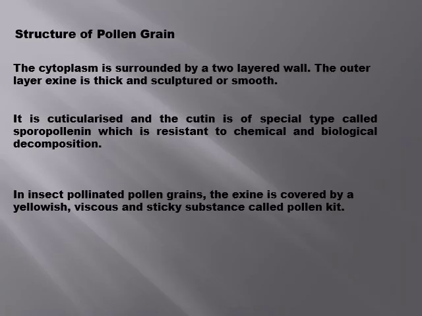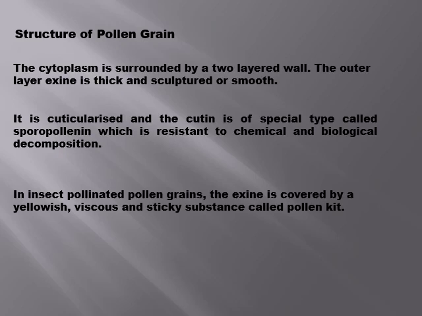Structure of pollen grain. The cytoplasm is surrounded by a two-layered wall. The outer layer is the exine, which is thick and sculptured or smooth. It means the outer layer of the pollen grain is known as the exine and it is thick or sometimes smooth.